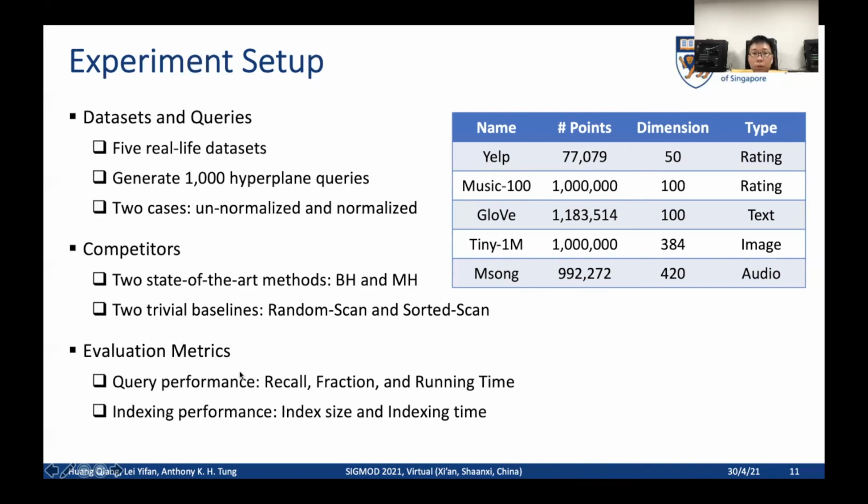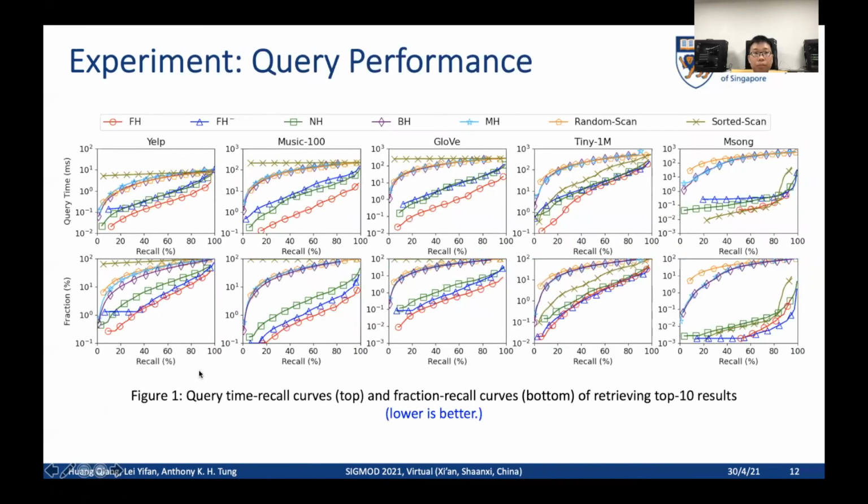To study the query performance, we consider the recall, fraction, and running time to study the accuracy and efficiency trade-off. We also consider the index size and indexing time to study the indexing performance.